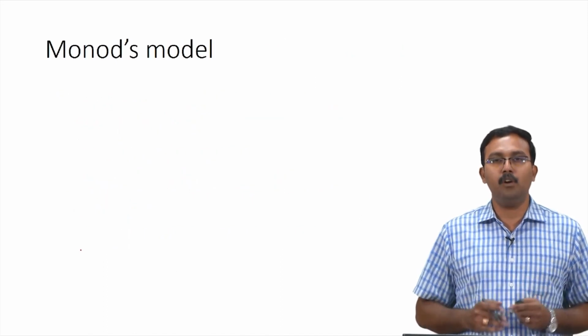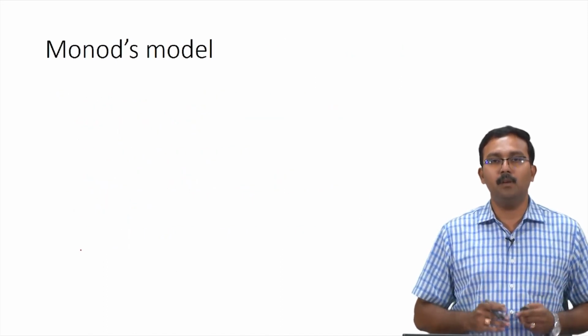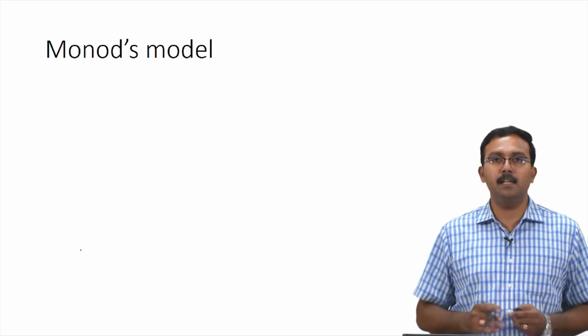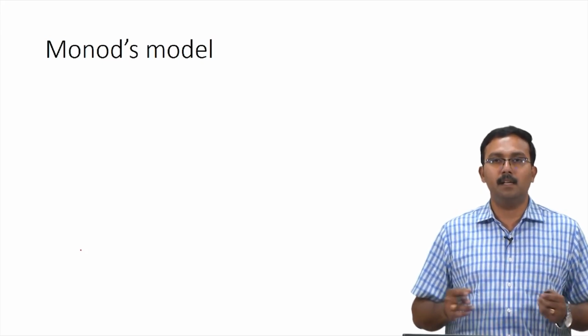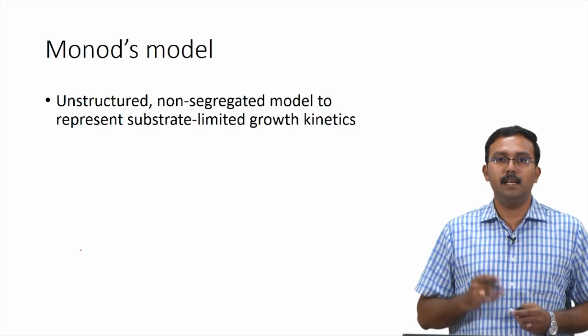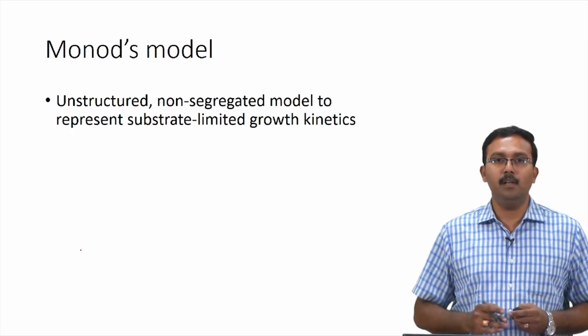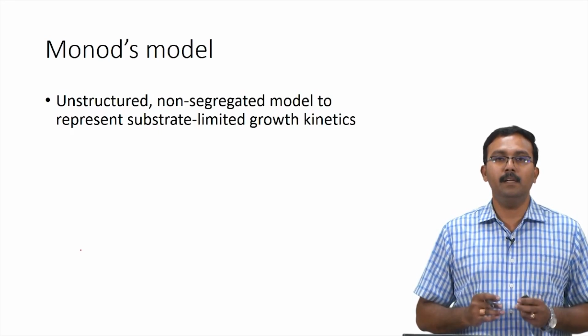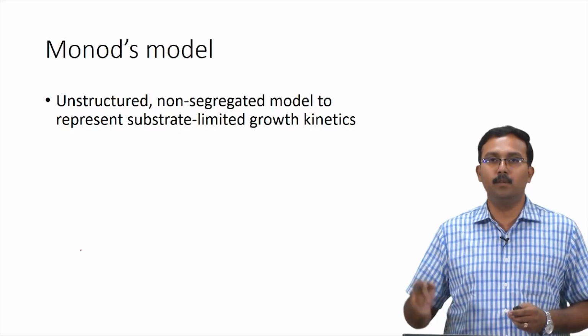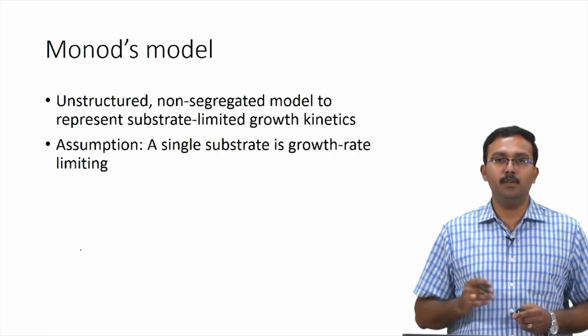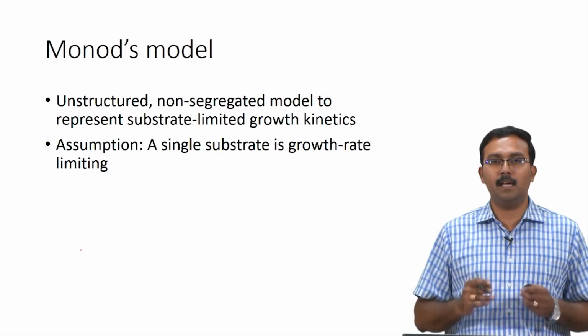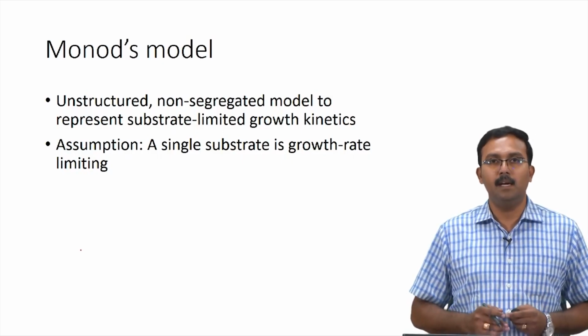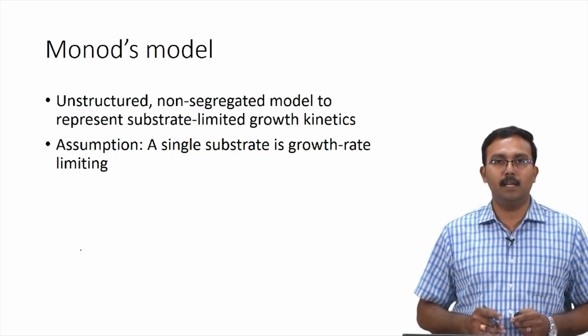As I mentioned, the Monod model is one such model which is very popular, and it is consistently used for describing cell cultures. This is an unstructured non-segregated model which is used when you have substrate limited growth kinetics. You assume that a single substrate is actually the growth limiting substrate, and the modeling is performed based on that.